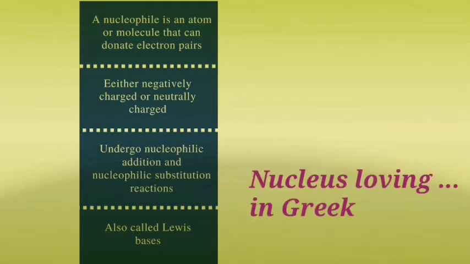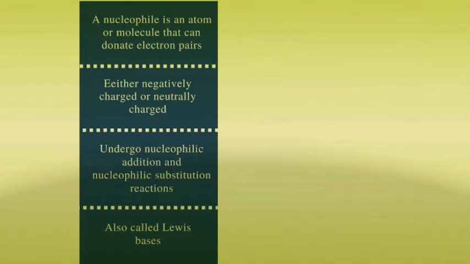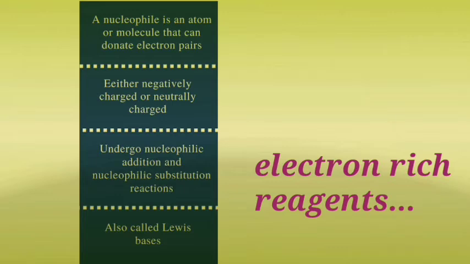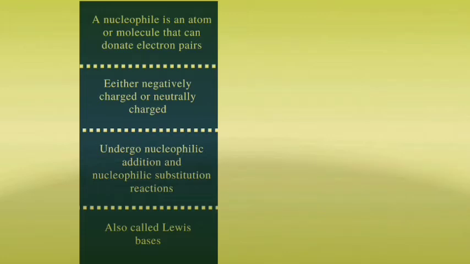Second is nucleophilic reagents or nucleophiles. In Greek, it is defined as nucleus loving. Nucleophiles are electron-rich reagents which donate electron pairs for bond formation during reaction. They have negative charge or lone pair of electrons. They attack the substrate at points having lower electron density.